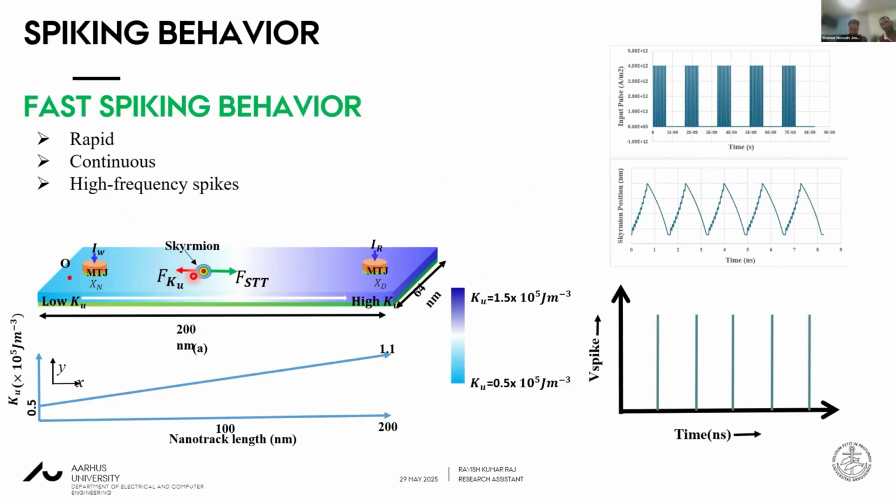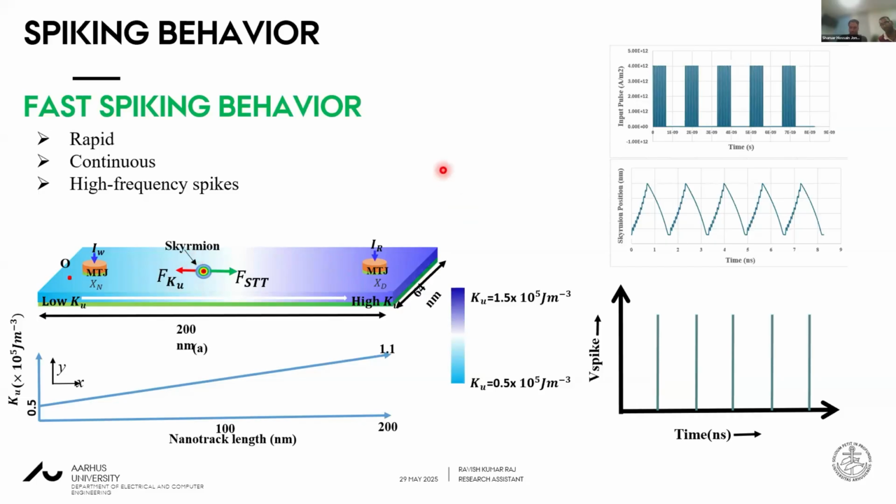So that's why it's moving backward. These two types of force work on the skyrmion. Once the skyrmion moves in the MTJ and reaches its end, the device spikes. This is the main analogy or concept of how the device works.